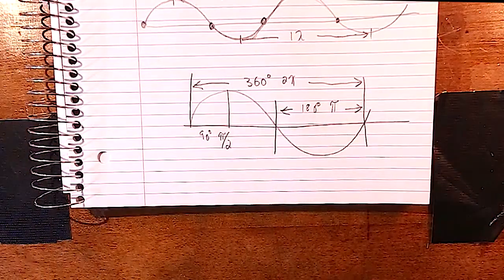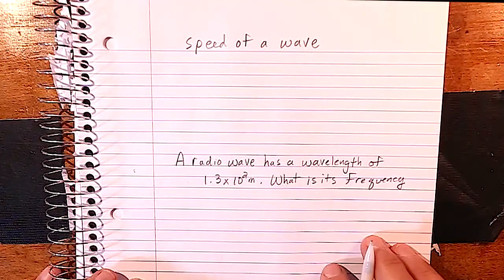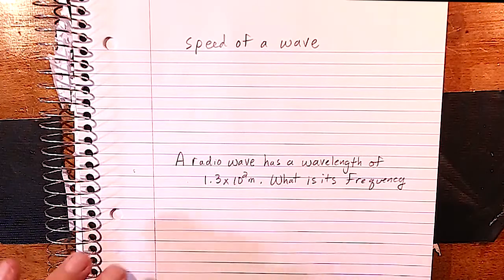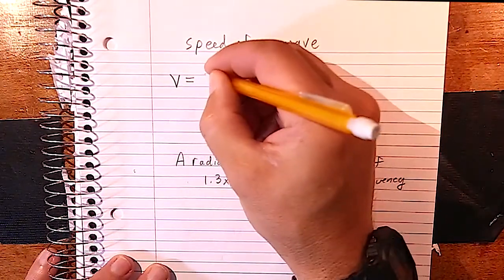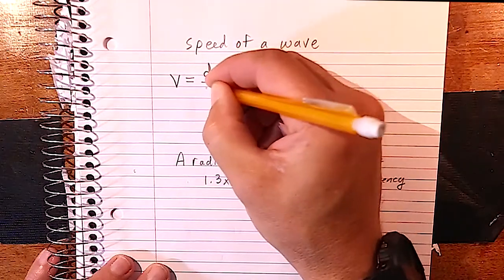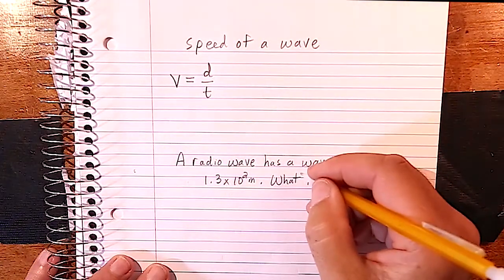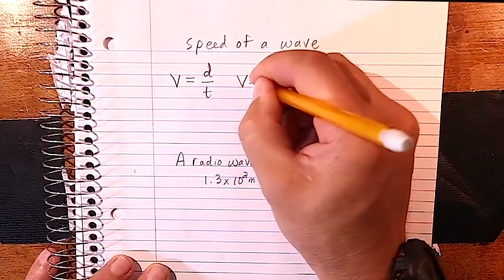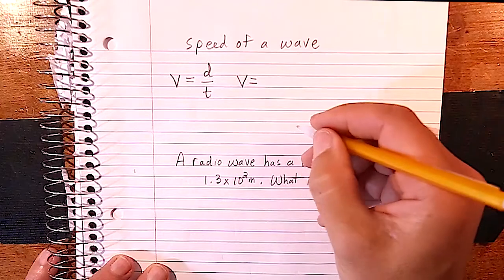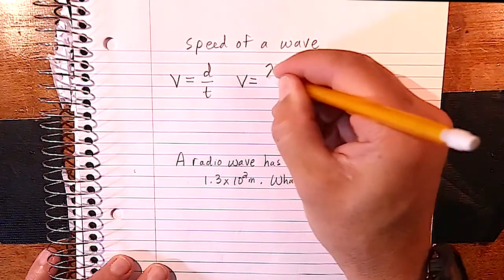How do we calculate the speed of a wave? So we know that our formula for speed, when we're talking about constant velocity, is v equals d over t. Well, let's do this for a single cycle. The distance of the wave would be one wavelength, so that's lambda.